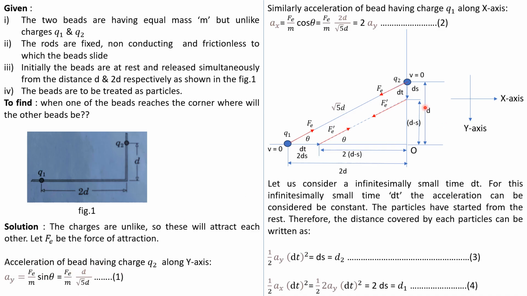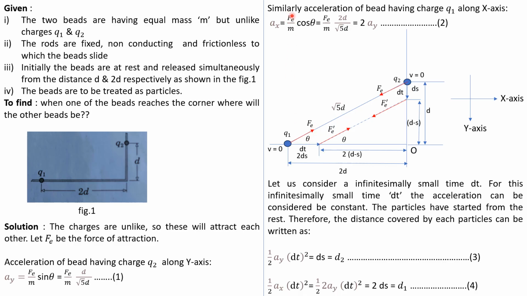Putting the value of sine theta from this triangle, theta we have taken as this angle, so perpendicular by hypotenuse: perpendicular is d, square root of 5 into d is the hypotenuse, and we call it equation 1. Similarly, we will calculate the acceleration of particle 1 in the x direction due to the component of force F subscript E in the direction of x.